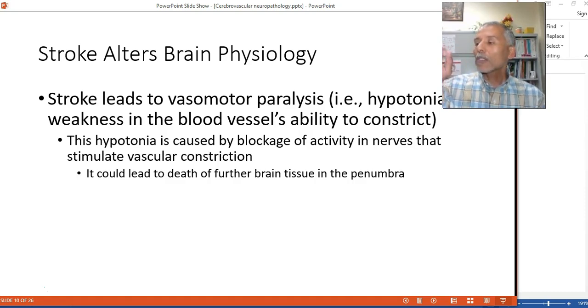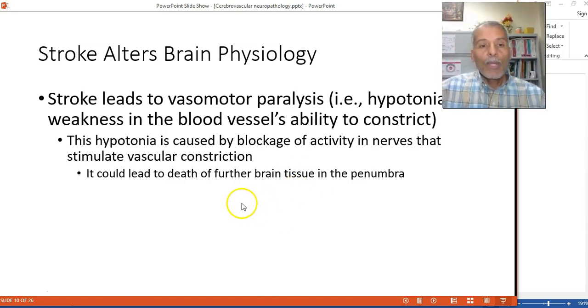So the blood vessels are unable to constrict to raise pressure. So that causes hypotonia, or weakness of blood vessel ability to constrict. So this hypotonia is caused by the blockage of the activity of the nerves that stimulate the vascular constriction. Because that whole area, these nerve branches are now unable to function because of the infarction.